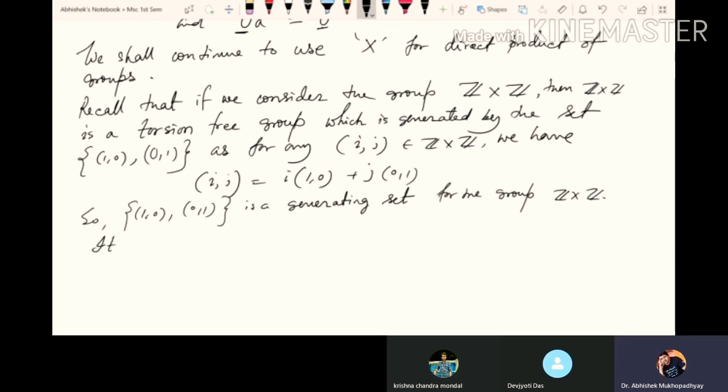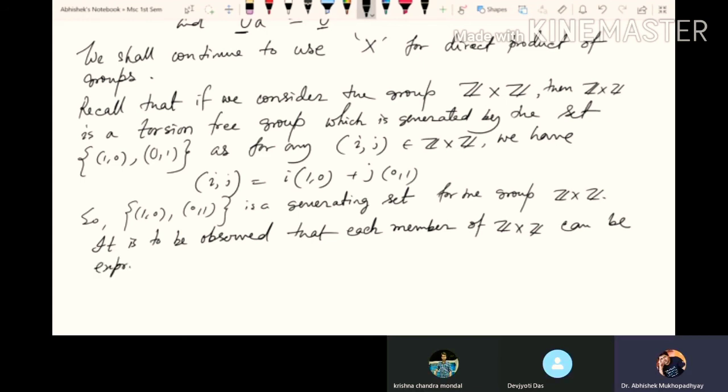But it is to be observed that each member of Z cross Z can be expressed in the above way uniquely.